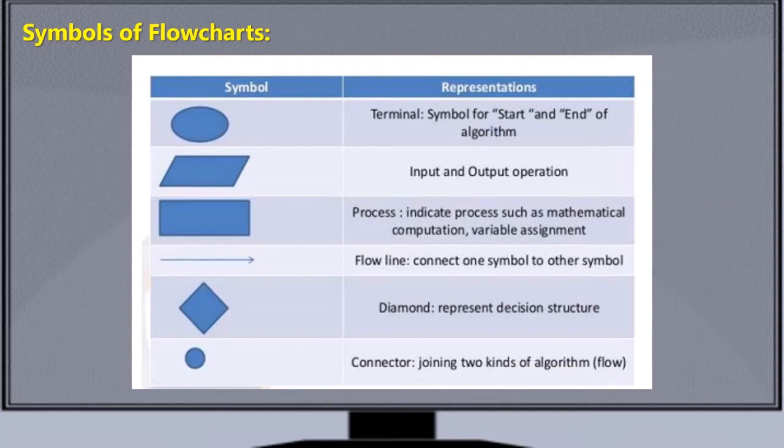You can see the arrow sign. It is used as a flow line to connect one symbol to the other. Now the decision box. It is used to represent a decision structure such as an if statement, or lastly a connector joining two parts of an algorithm flow.